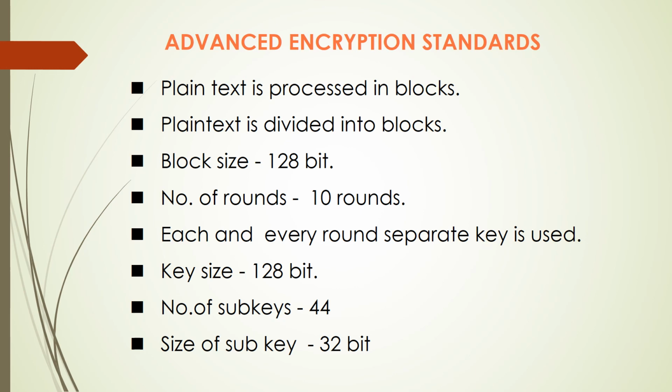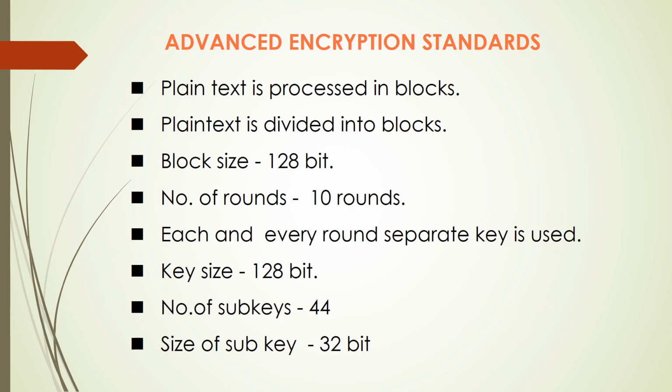Here the key size will be 128-bit, or we can call it 4 words. That means 1 word is equal to 32-bit. So 4 into 32 equals 128-bit. The number of subkeys used is 44 subkeys. The size of a subkey will be 32-bit or 1 word.